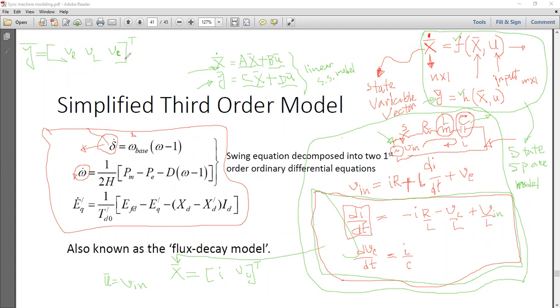But the problem will start to appear once you try to represent this equation, let's say in this form. Remember, your Y should be a function of only X and U, if it is in nonlinear form.